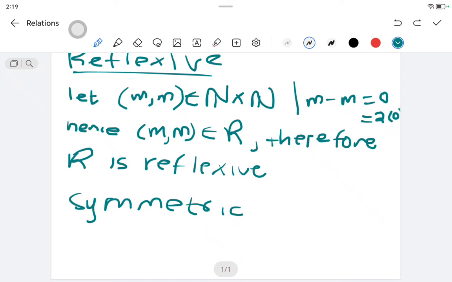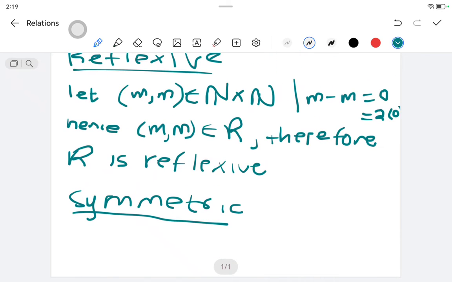Now we check symmetric. We're just going to take the original definition.